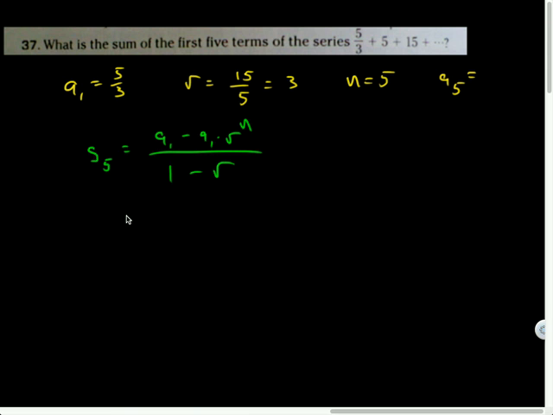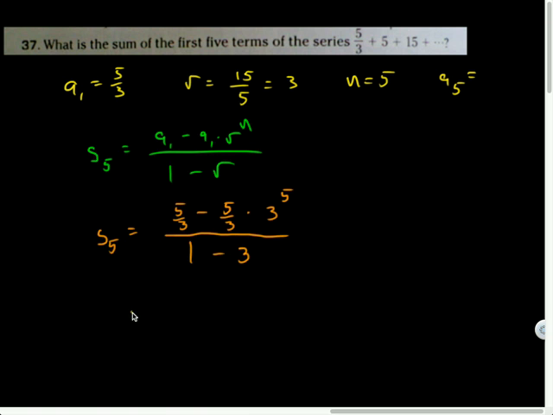So let's figure out what is S sub 5. S sub 5 is 5/3 minus 5/3 times R is 3 to the 5 minus 1. No. Nope. What did I do? I even had it written right there. Classic. 1 minus R is 3.